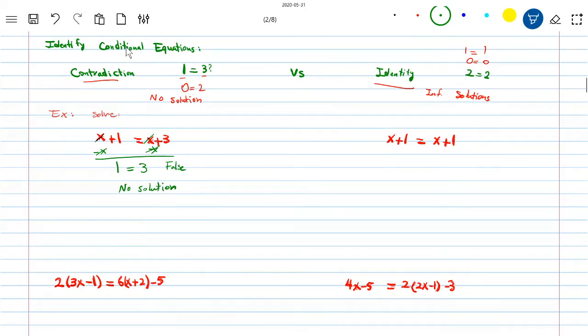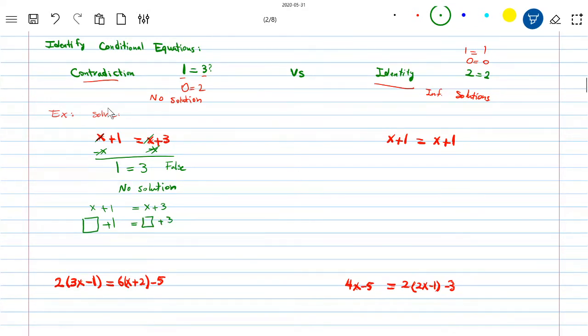And if you think about it, look at x as one number. I'm going to use a box to show you. You have the equation x plus 1 equals x plus 3. Think about x as a box: box plus 1, and again, box plus 3.